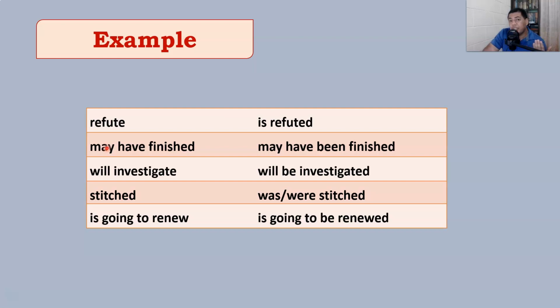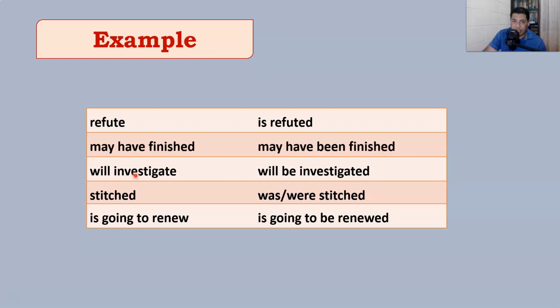So I'm going to use the same modals, the same form of the principal verb. So if this is a perfective form, yes, I am going to use verb to be in a perfective form. And I also need to use this auxiliary, this modal verb may. So I'm going to say may have the past participle of verb to be, being, and I'm going to repeat the past participle, finished. As you can see, may have been finished.